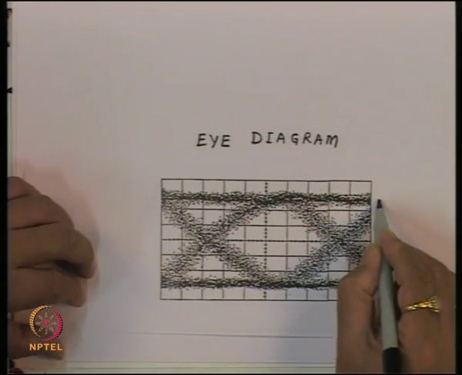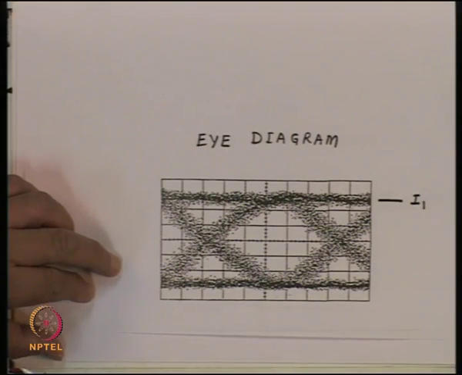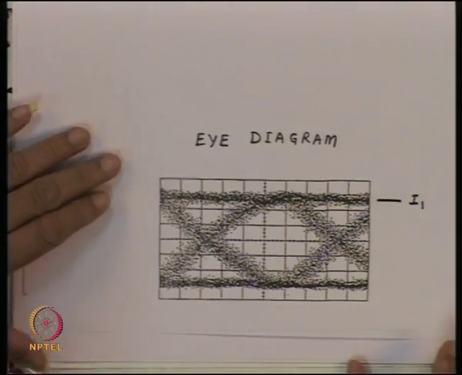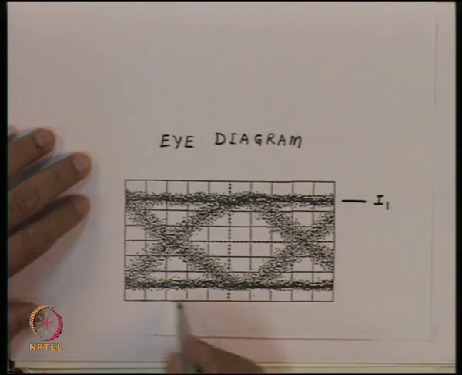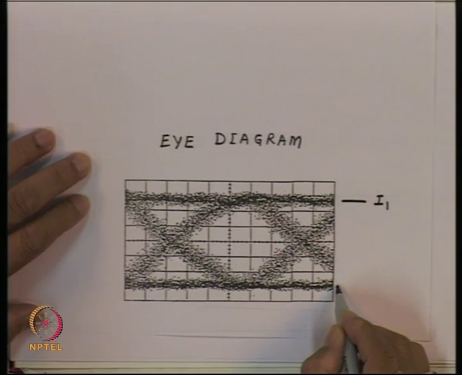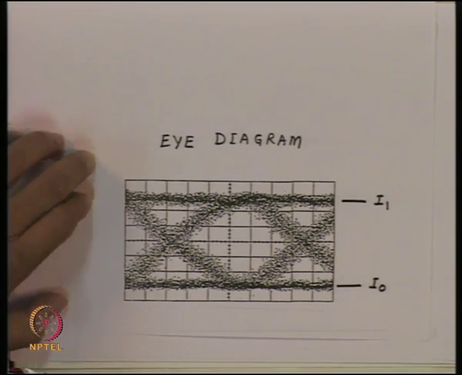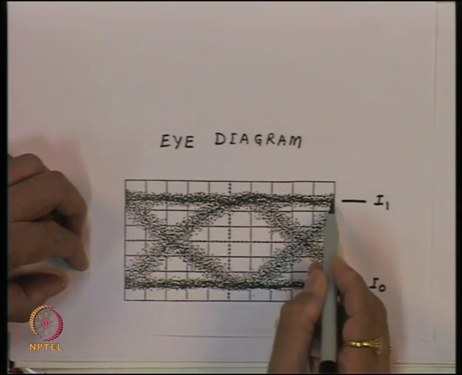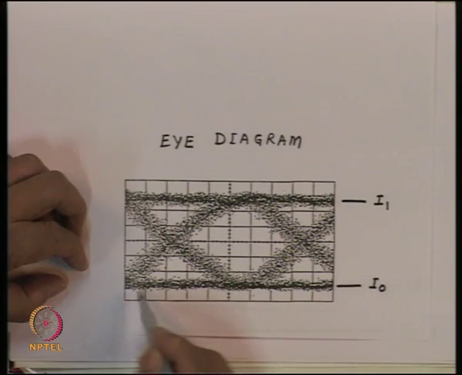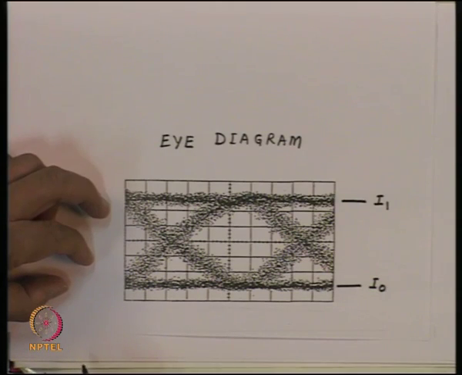So, now if I take the mean value of this level here, this essentially corresponds to the level I1. Similarly, if we consider this mean level, it essentially corresponds to level I0. So, measuring the average value of this and the average value of this, we can calculate this quantity I1 minus I0.